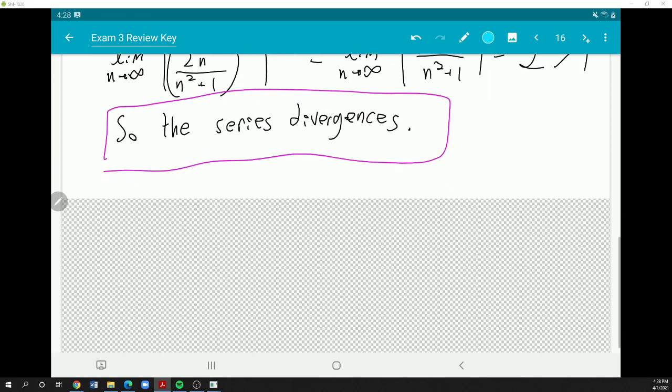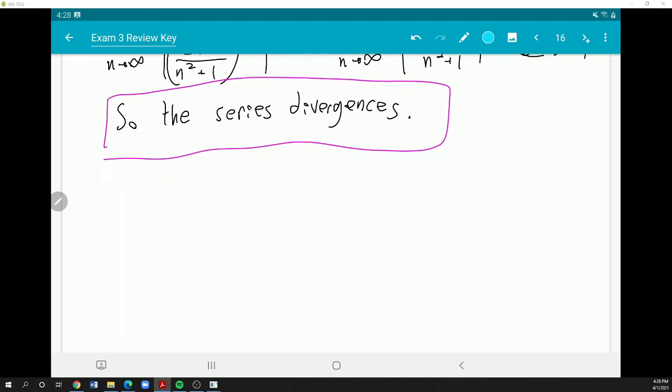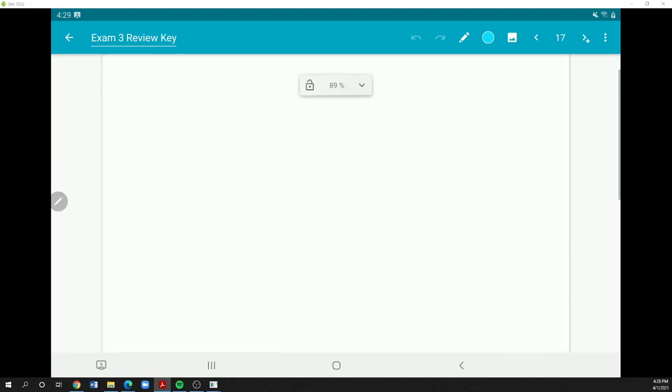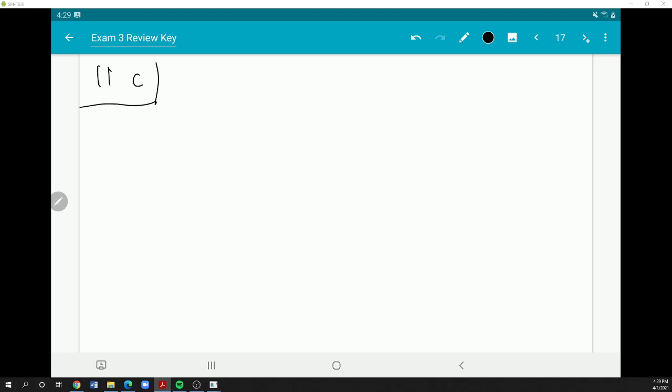Okay, just to let you know, this will still work. And then let me go to the next page for C. 11C. Now we've got the sum from n equals 2 to infinity of 2 times 1 plus 1 over n to the n squared. So here's another one.